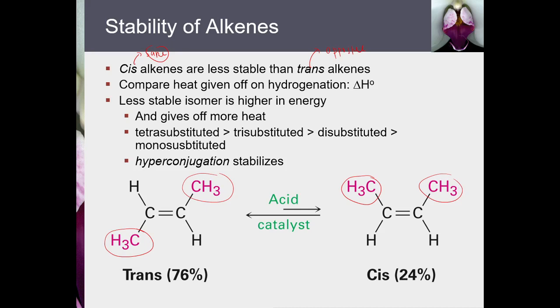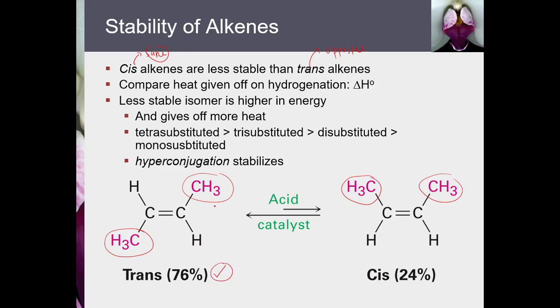So we will convert the cis with the trans. So gagamit tayo dito ng acid catalyst. And then it was found out na mas madami yung amount na na-produce ng trans na compound kaysa do sa cis.